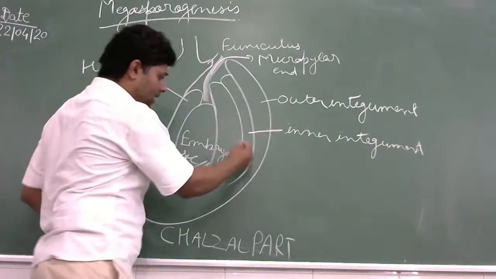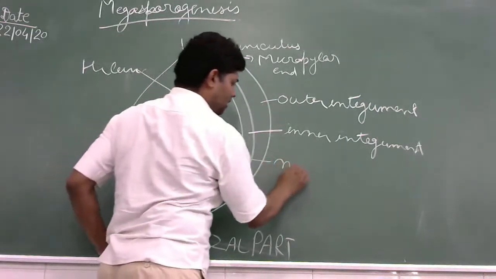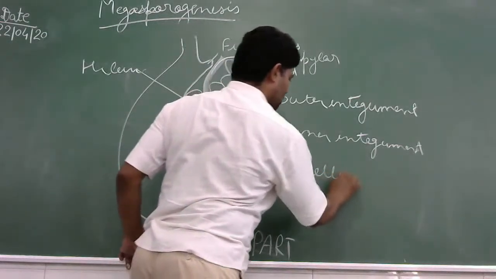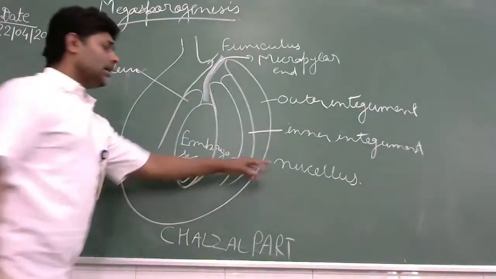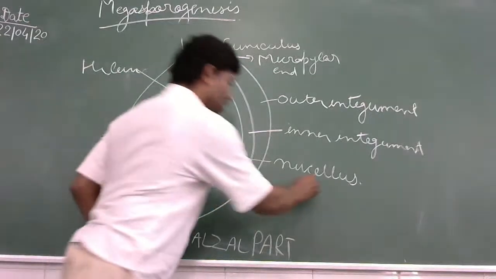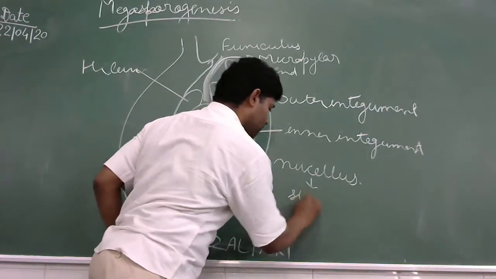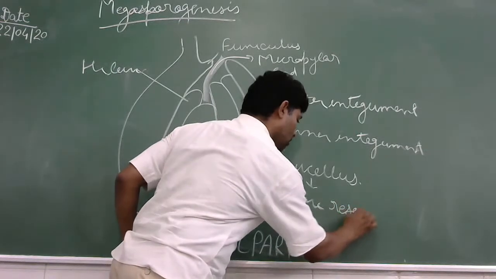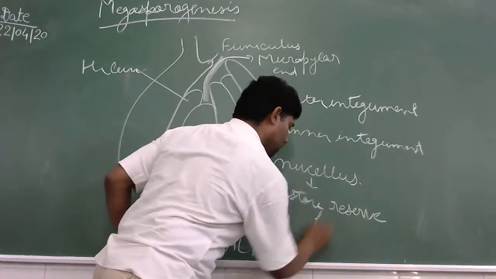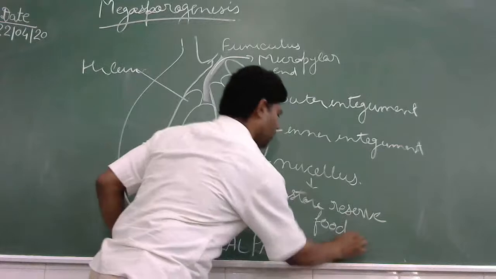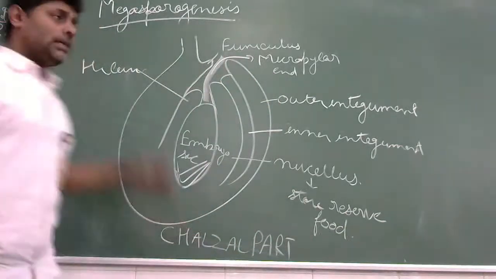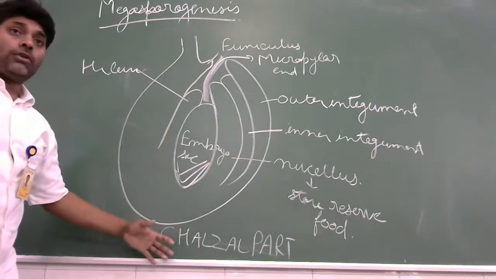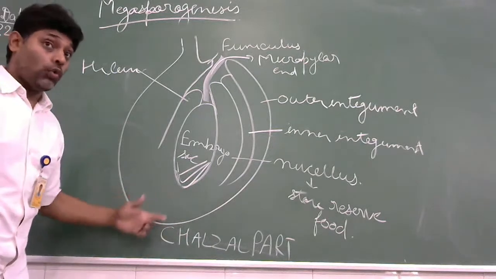Then, just on the inner side, here is the nucellus. The nucellus stores the reserve food. So this is the structure of a mature ovule.